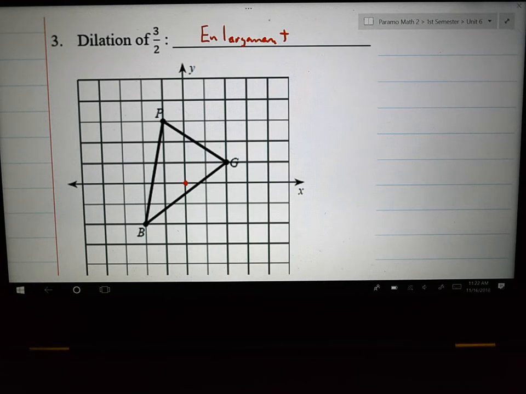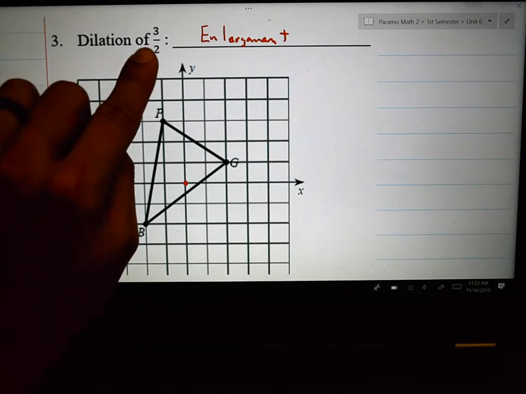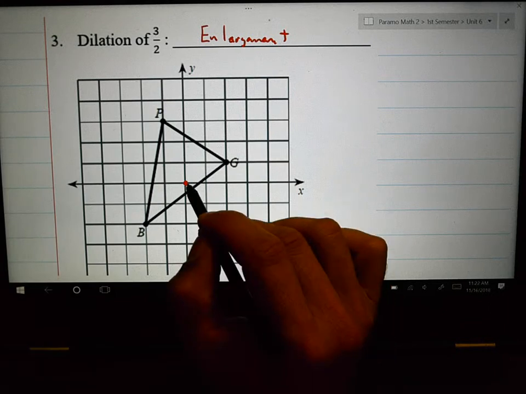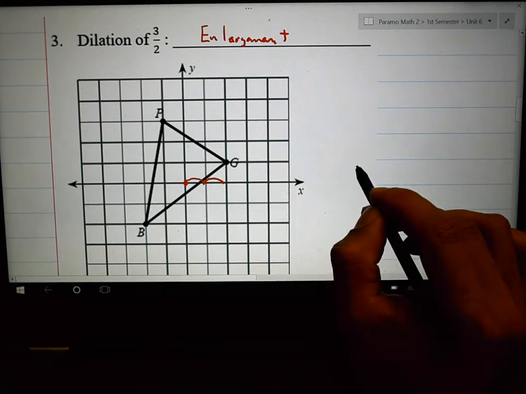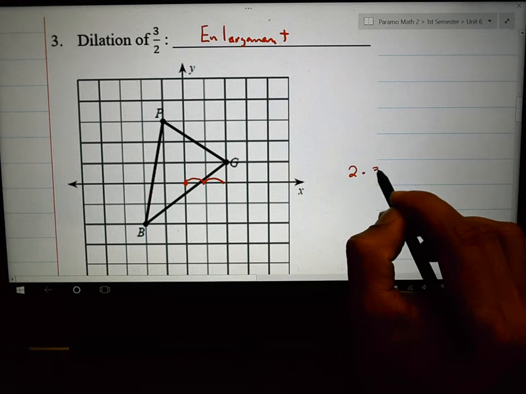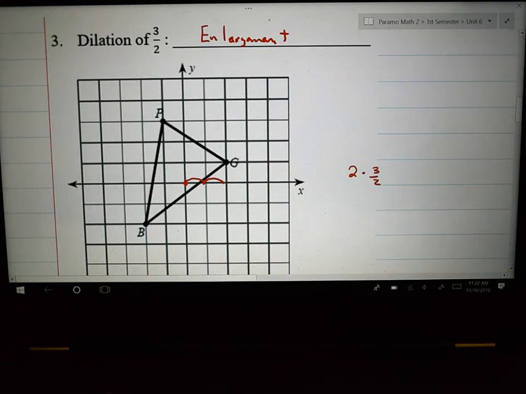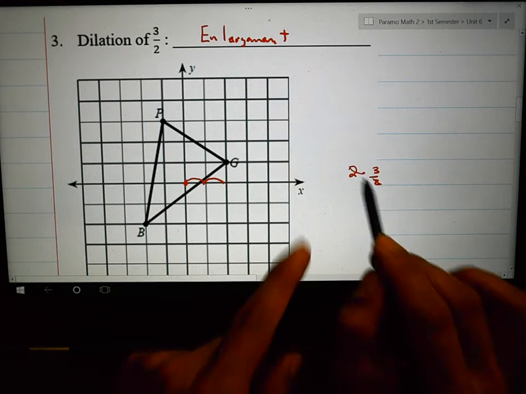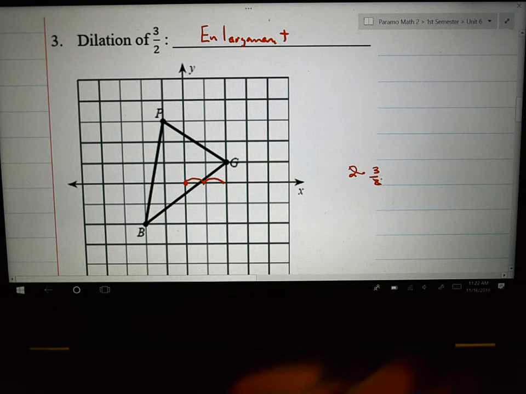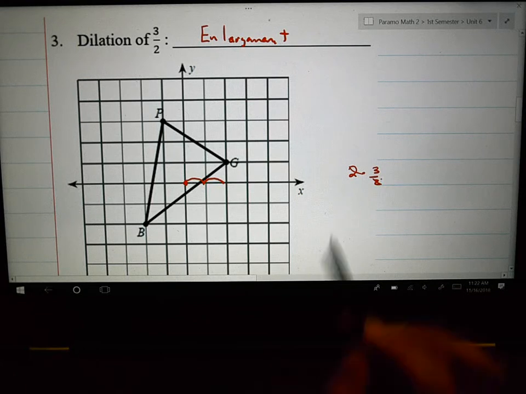Now, if you're trying to find a distance of 3 over 2, if you go to the right 2 units and you need to multiply that by 3 over 2, sometimes it's easier to do this as a fraction. 2 times 3 over 2 means instead we're now going to go to the right by 3 units. See how that works?